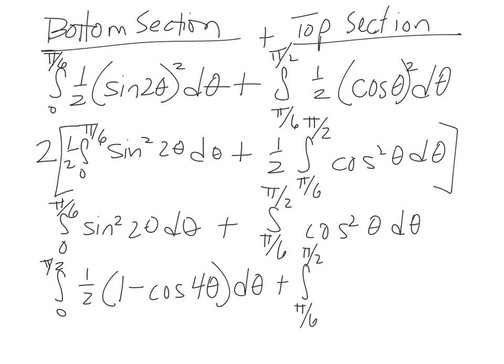Power reducing formula for cosine squared of theta is going to be 1/2 times 1 plus the cosine of 2 times theta d theta. So those 1/2s can both scoot out in front of their respective integrals, and then we can integrate that which is in the parentheses from both of these integrals.